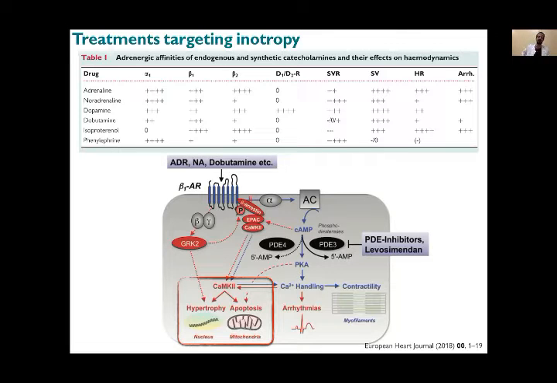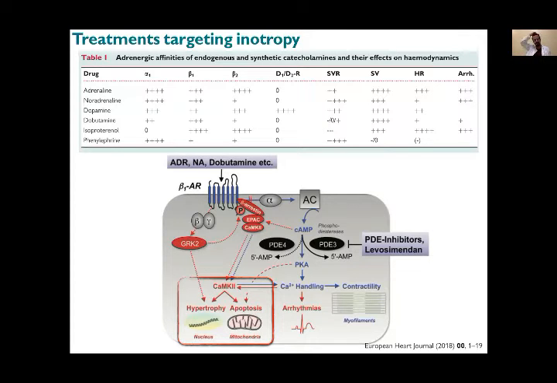This is the molecular and mechanistic classification, but we also know from the previous lecture that the more classical classification pertains to the selection of the receptors. This is extremely important to keep in mind, because the receptors reflect the effect that we are looking for by using one catecholamine or the other.